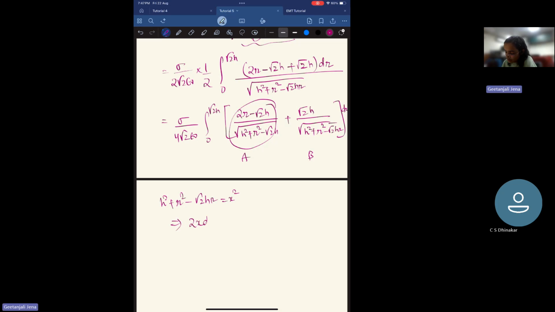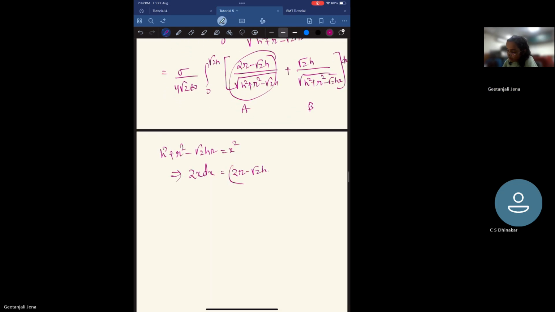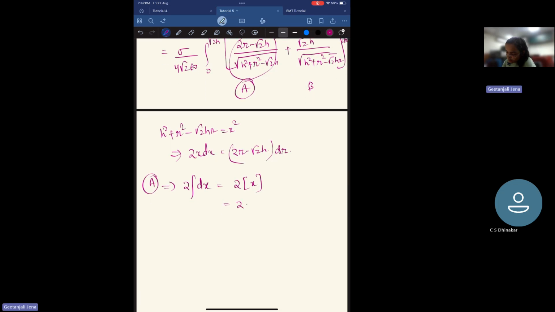So this will give 2x dx equal to 2r minus root 2h dr. So for the first part, the integration will give dx by x, so 2 times dx, that is 2x. 2x is the square root of h square plus r square minus root 2hr, from 0 to root 2h. This is for the first part.